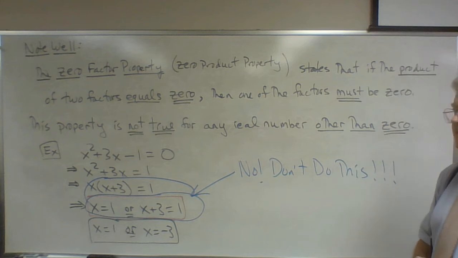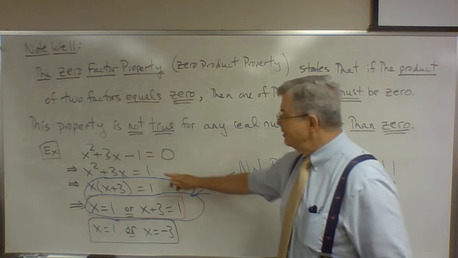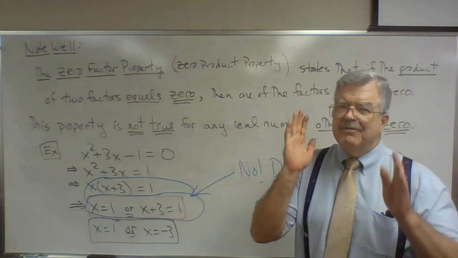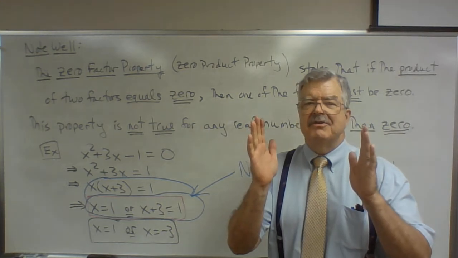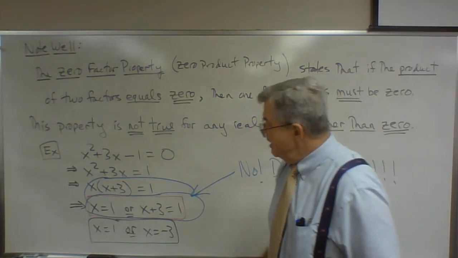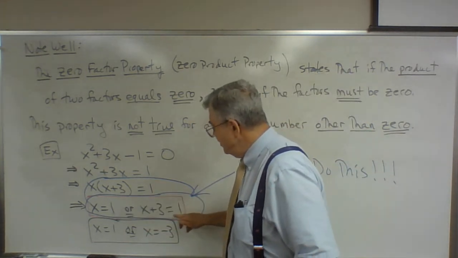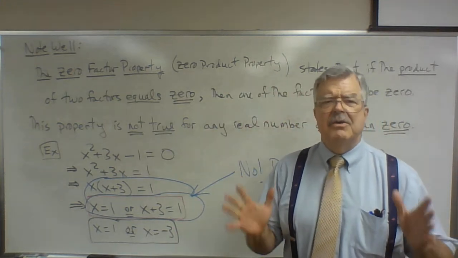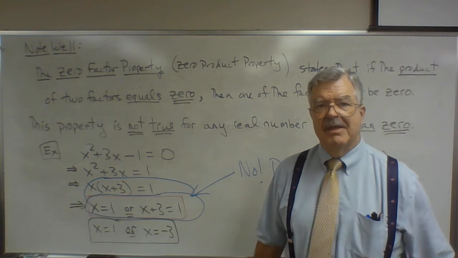It may be tempting for us to do, but it doesn't work. There's no such thing called the one factor property, which says that if we multiply two factors together and get 1, either the first factor has to be 1 or the second factor has to be 1. There ain't no such property.